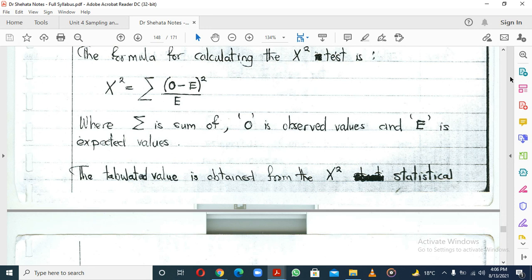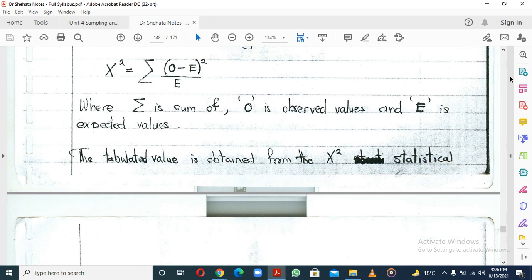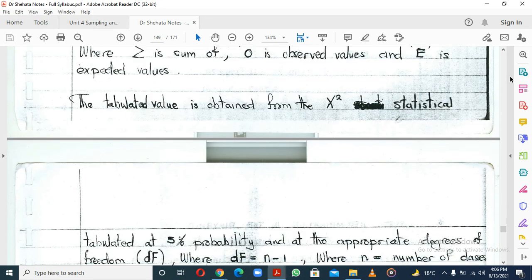Then O is for the observed values, so in short, the values which you found in your experiment. Then E is for the expected values, the values which you would expect to have if you use Mendel's ratios. Then you get the difference, you square it, then divide it by the expected value. Don't worry, we'll look at an example.